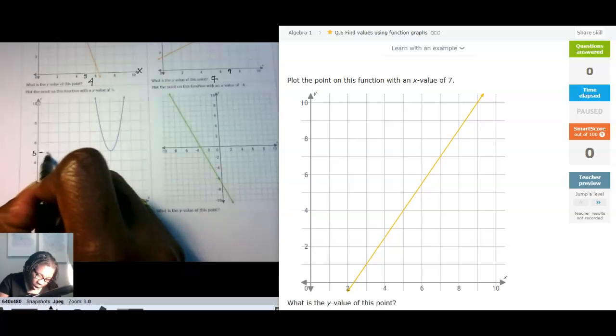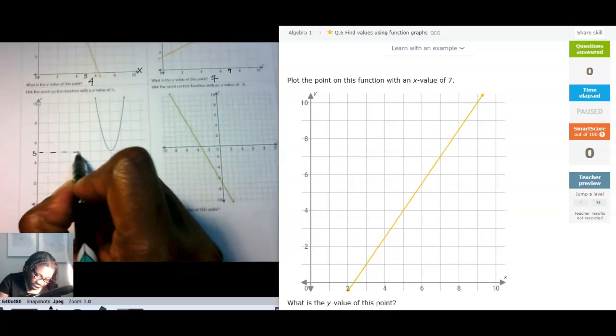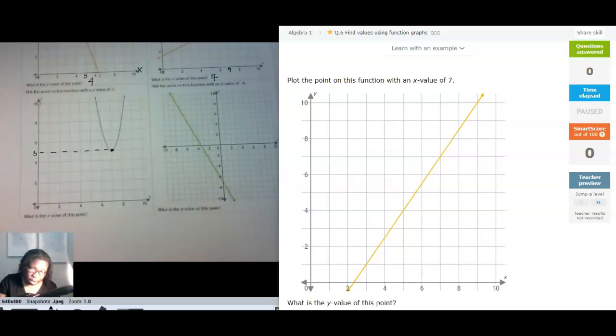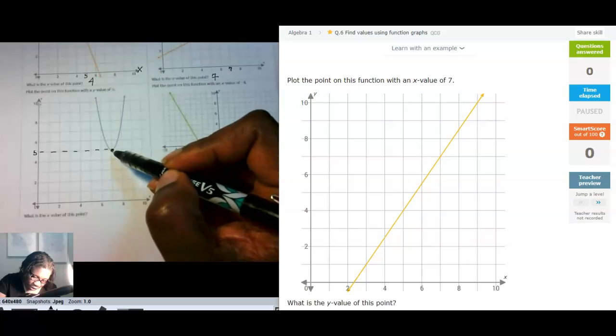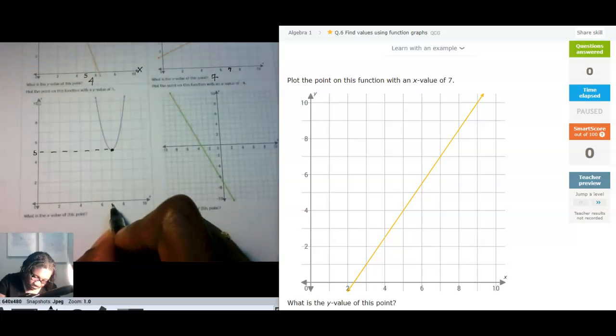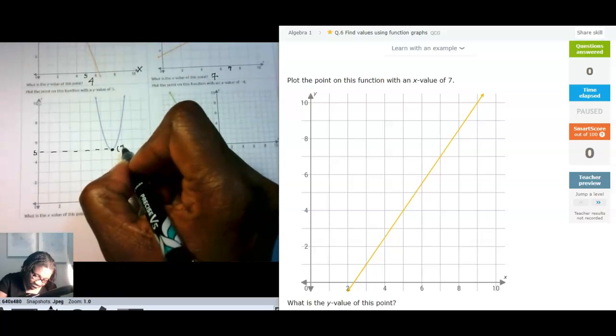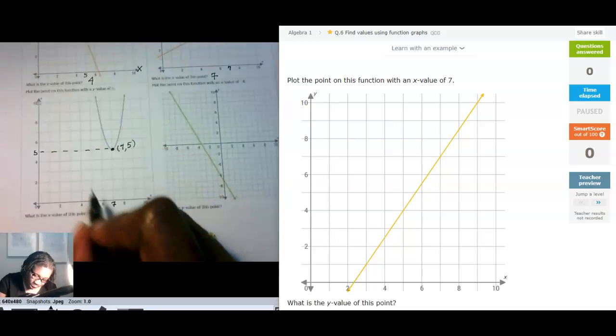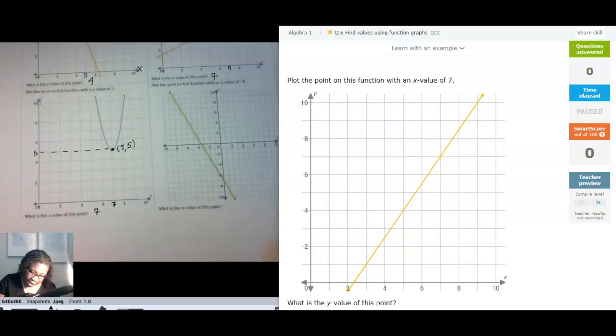We're going to go across until we hit the graph, which is the purple drawn figure. And here the ordered pair would be, well, this looks like 7. So the ordered pair would be 7, 5. And they're asking us what is the x value. So the x value again would be 7.